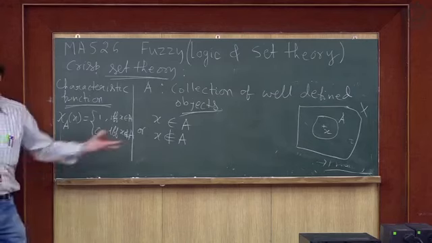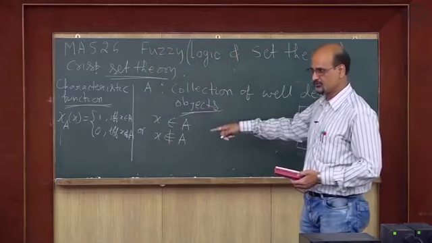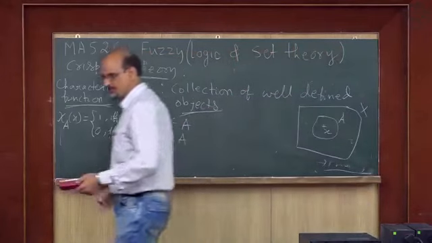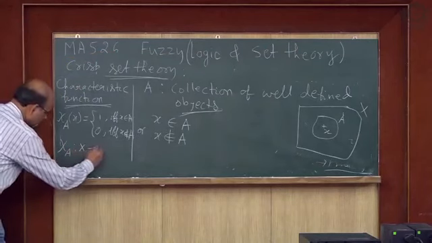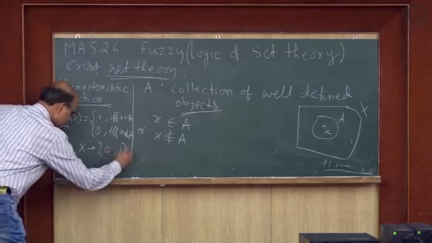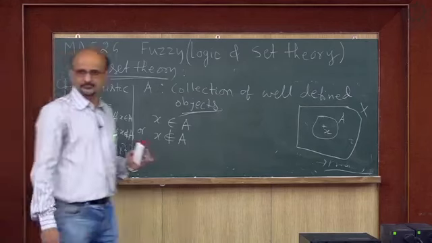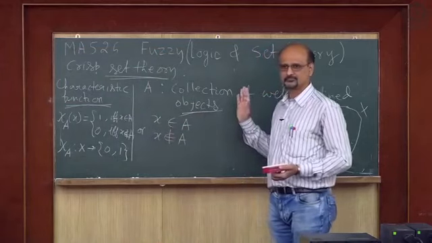If x belongs to A, it is 1. If x does not belong to A, it is 0. Only 2 answers. So, the mapping chi A is from X to the set {0, 1}, remember, whose elements are only 0 and 1.